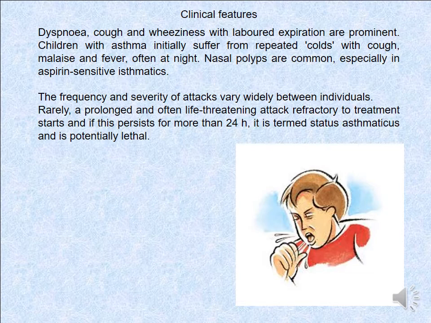Malaise and fever are often at night. Nasal polyps are common, especially in aspirin-sensitive asthmatics. The frequency and severity of attacks vary widely between individuals. Rarely, a prolonged and often life-threatening attack refractory to treatment starts, and persists for more than 24 hours.